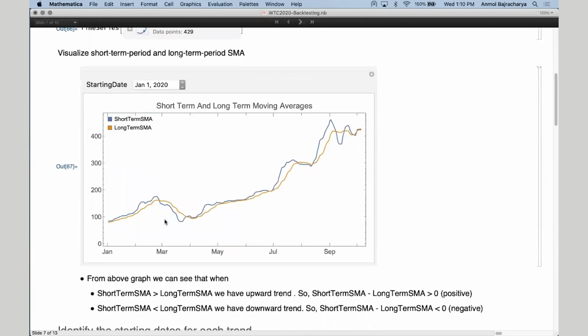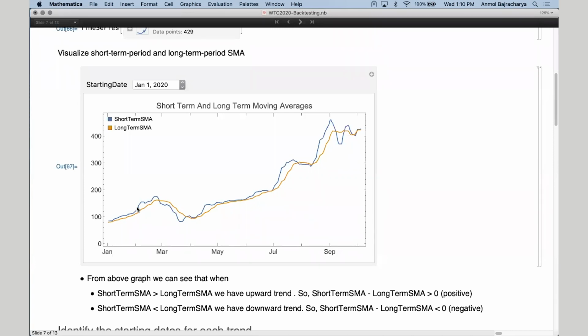When you visualize this, we can see that the blue line is the short-term moving average, and the orange line is the long-term moving average. For an upward trend, we can see that the short-term moving average is greater than the long-term moving average.